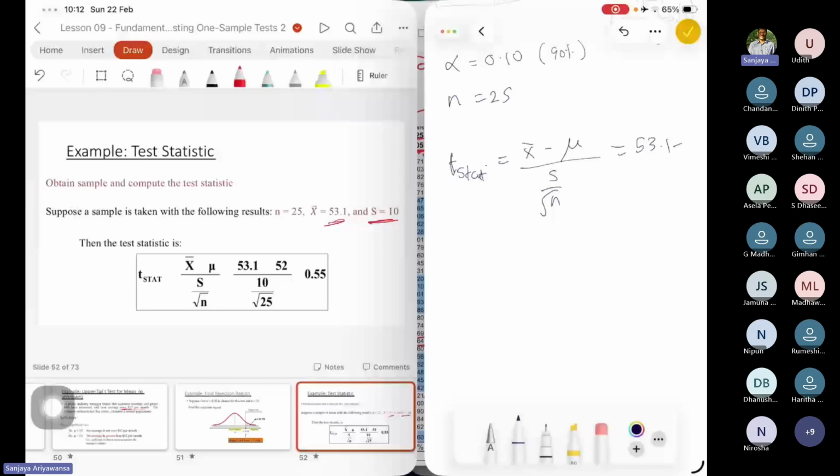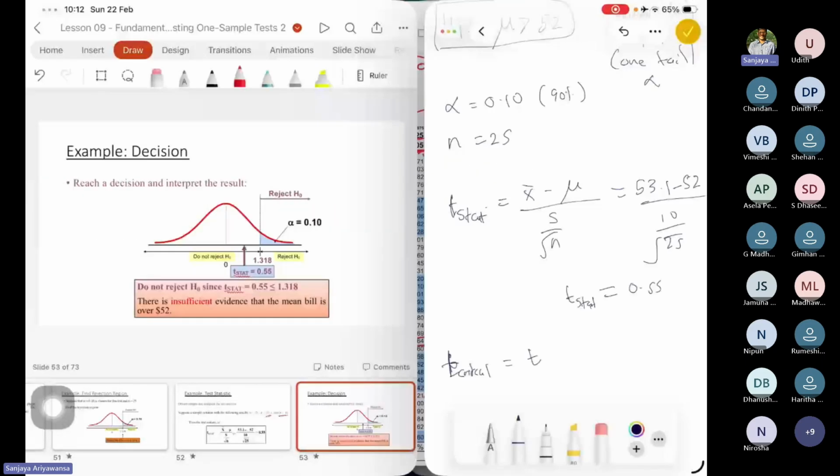And then we compare it against our T critical value. The T critical value is t sub alpha, comma, degrees of freedom, not alpha divided by 2, just alpha, because it's a one-tail test. So what is alpha? 0.10. The degrees of freedom, n minus 1, is 24.